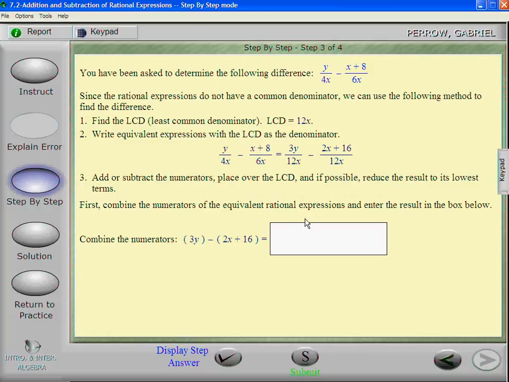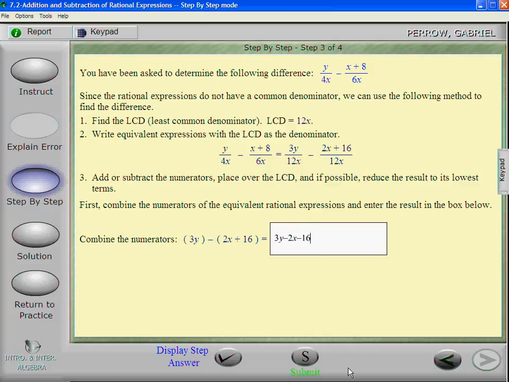Okay, and they say combine the numerators. Remember again, this was a subtraction, so at the point that you start combining things on the top, you've got to remember to distribute that negative in. So I end up with 3y minus 2x minus 16. Notice I can't combine any of those terms together.